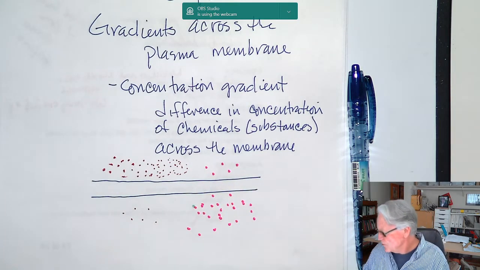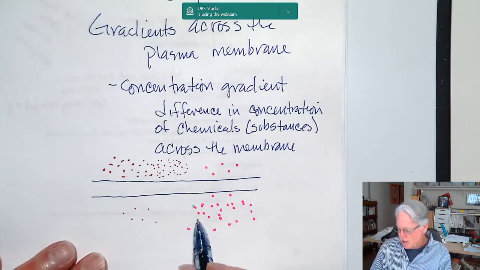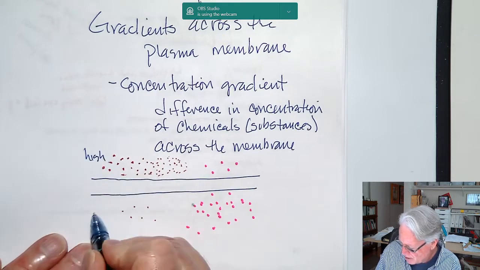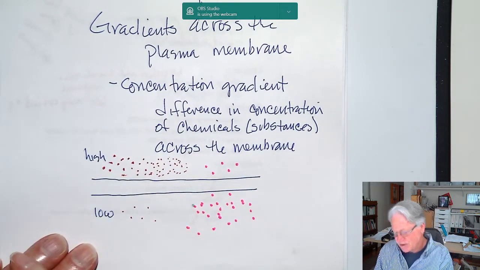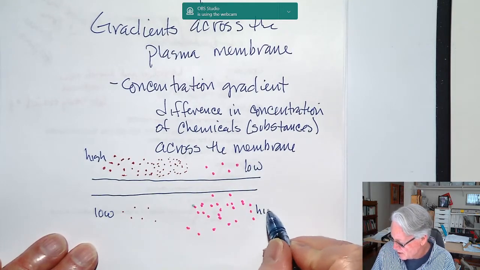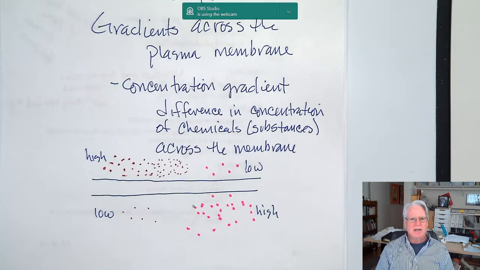So I've drawn two different concentration gradients, and I've deliberately drawn them on different sides of the membrane. So I have a high concentration and a low concentration. That is a concentration gradient. Over here, I have low and I have high. That is a concentration gradient: a difference in concentration of chemicals or substances across the membrane.